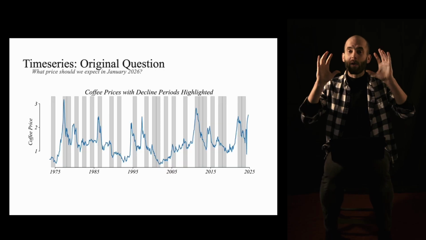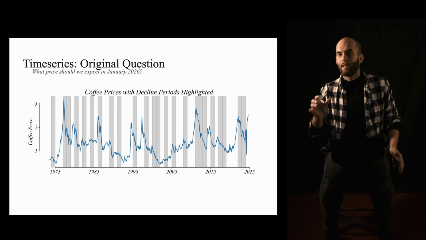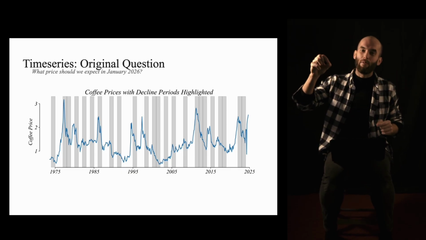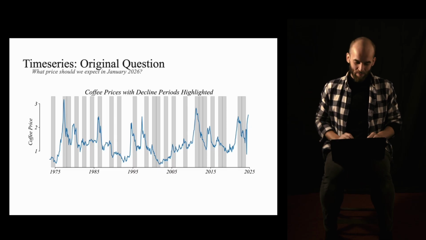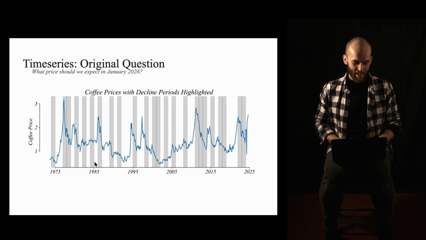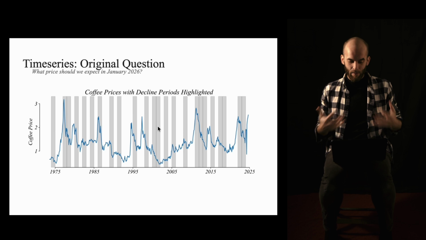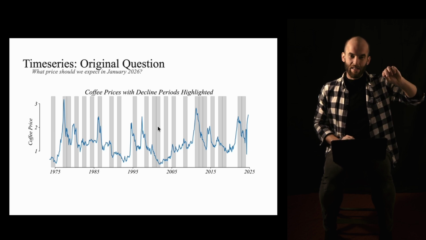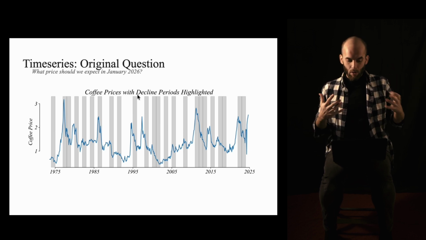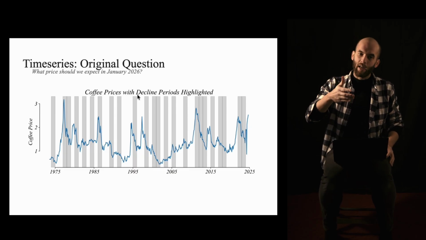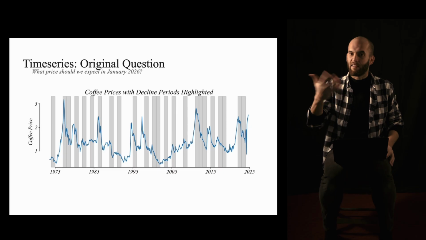Okay, so going back to our original question, we were wondering what prices we should expect in January of 2026. So once I've highlighted all the nominal prices, which are not adjusted for inflation, and then I've highlighted the periods of price declines, you may try to scour this for patterns. Like maybe there's something specific that happens at the very beginning of the year.